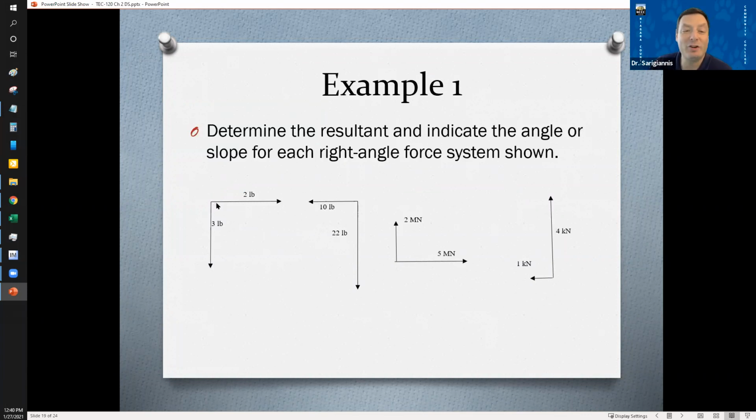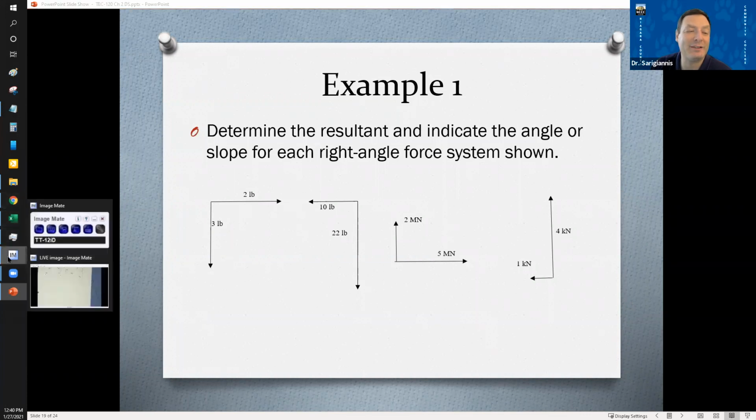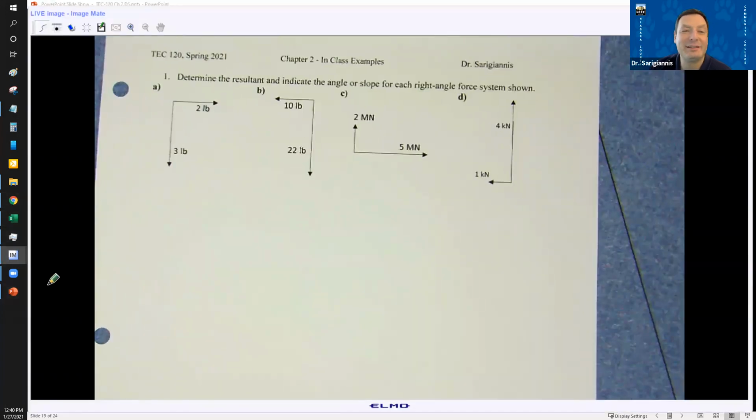The first one here, I've got 2 pounds to the right and 3 pounds acting down. So you could think, okay, maybe this is a nail, right? I'm hanging something off of it this way, and there's also 2 pounds exerted on it to the right. So what's the resultant force on that?